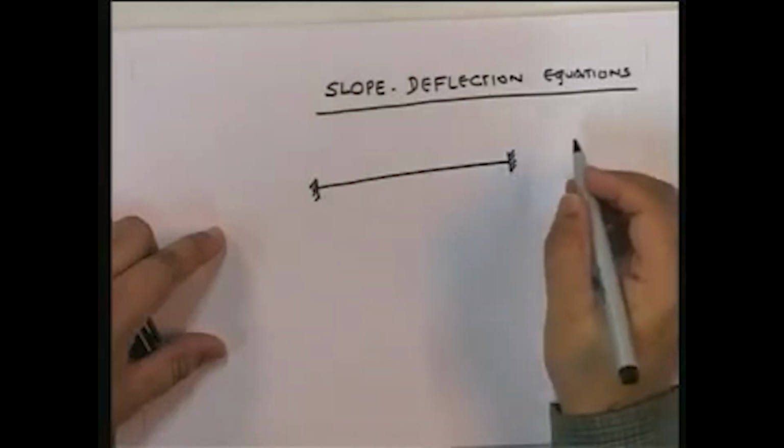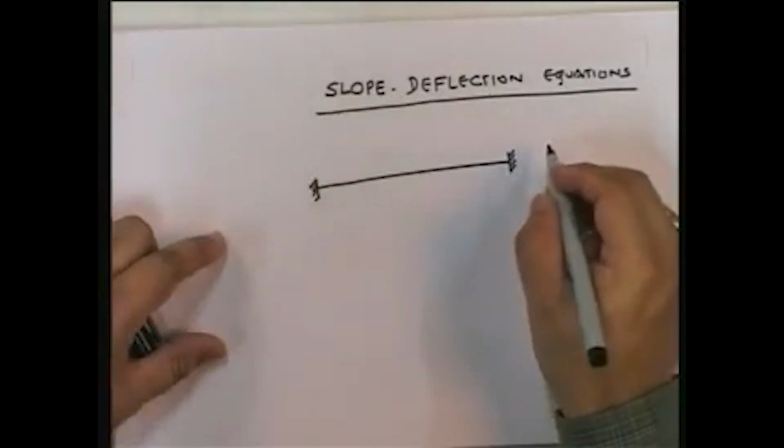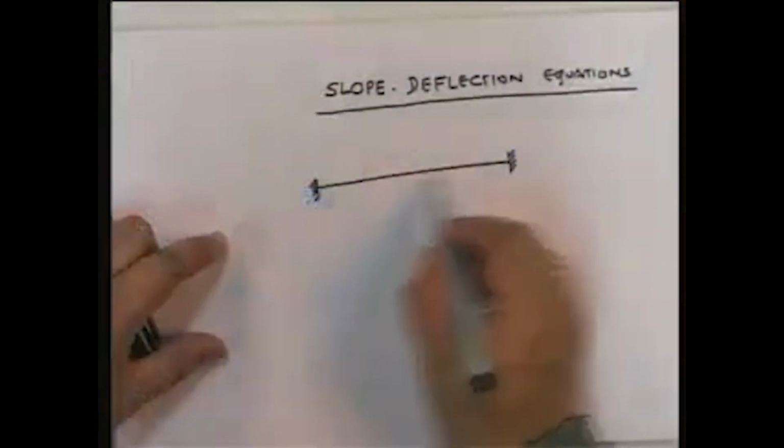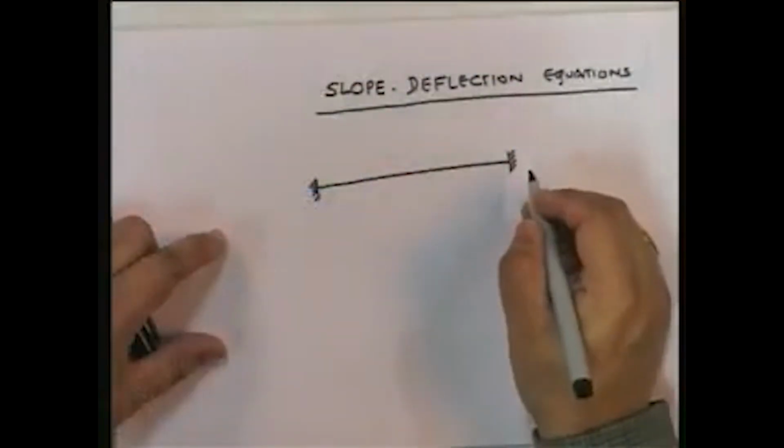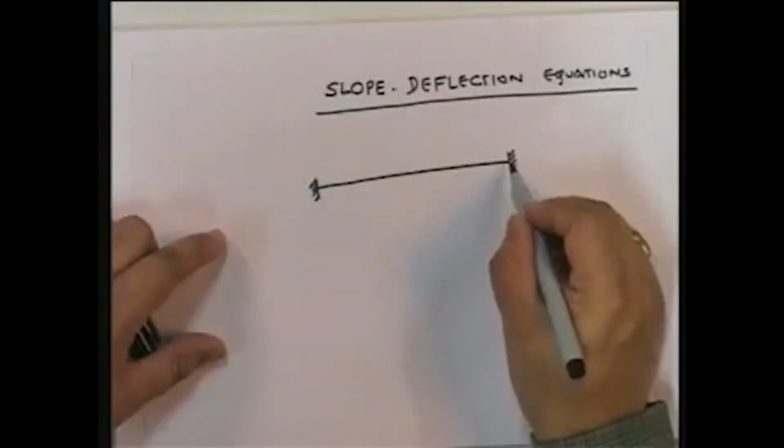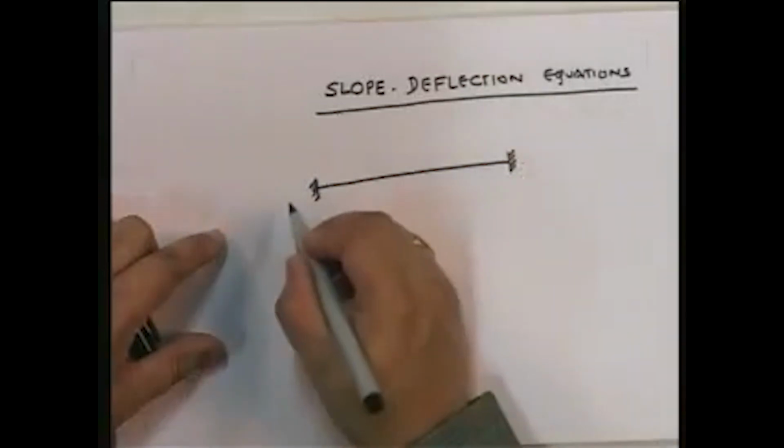Remember, we had said when we started looking at kinematic indeterminacy or the degrees of freedom, that a kinematically determinate structure is one such as the one that I have over here. In this case, if we look at the released degrees of freedom, we can look at it this way.